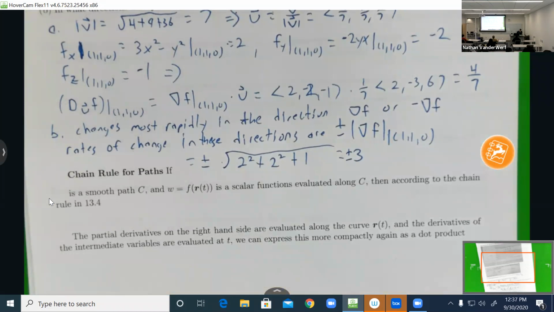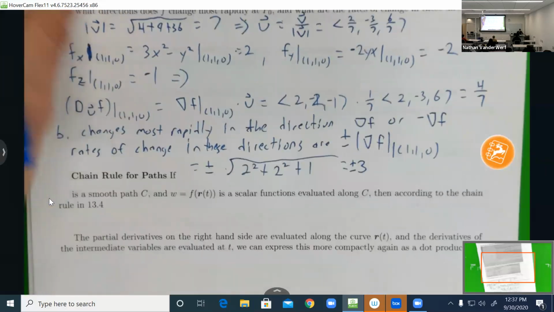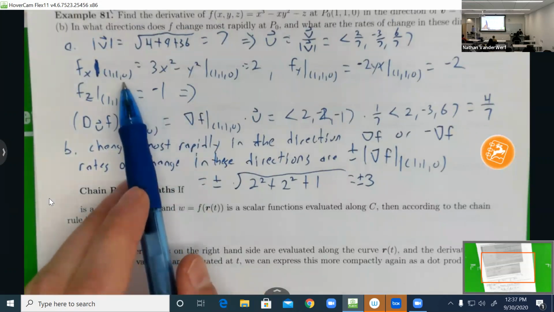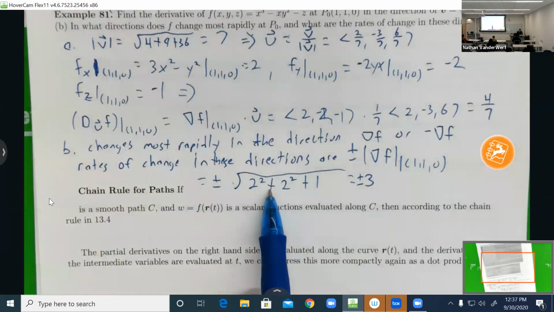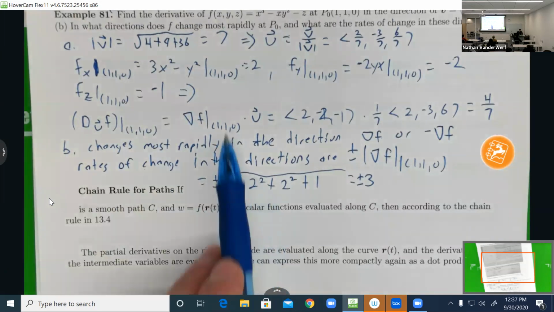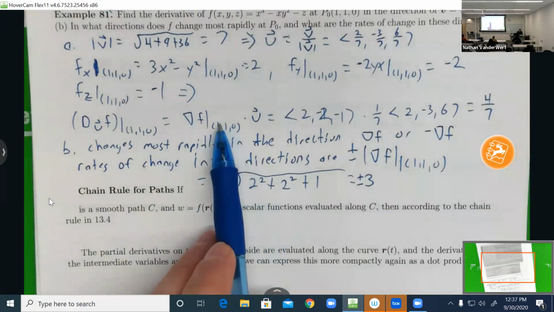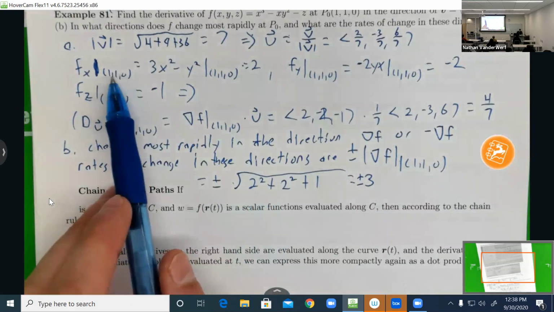Wait, how do I know you get the negative 2? How do I get, for which part? The 2 squared, how'd you get this? So the gradient of f at (1, 1, 0), we calculate each component.